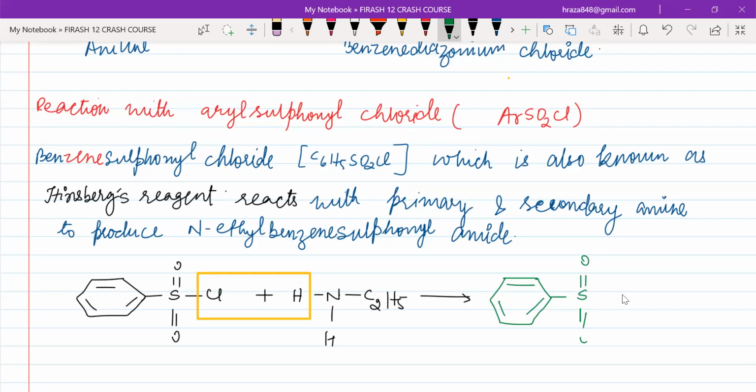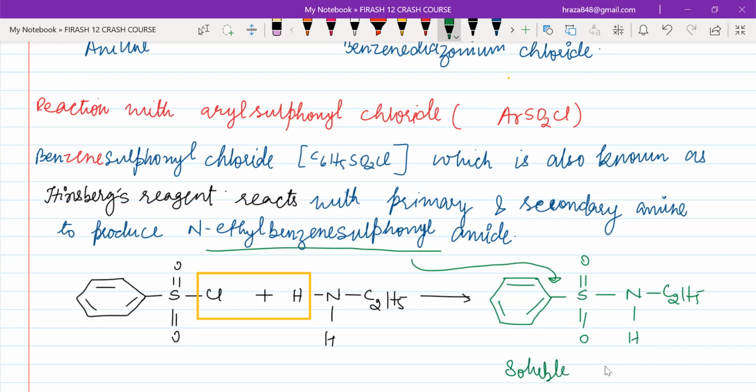The double bonds, and this will be directly connected with nitrogen, and the name is N-ethyl benzene sulfonamide. Sorry, not chloride, it is an amide, and it is soluble in base, soluble in alkali. So this is the reaction with primary amine.